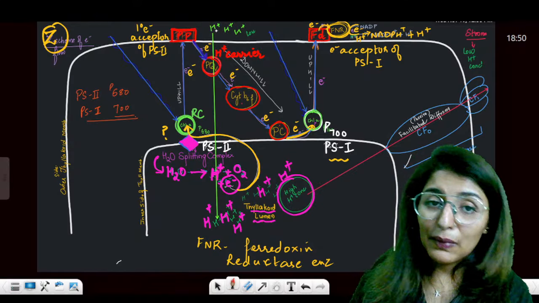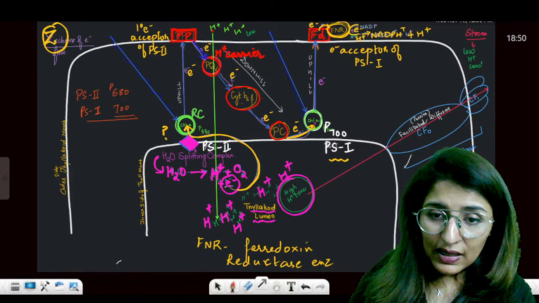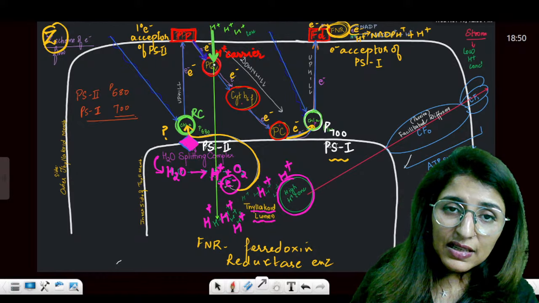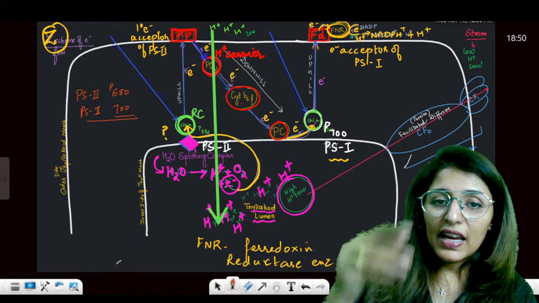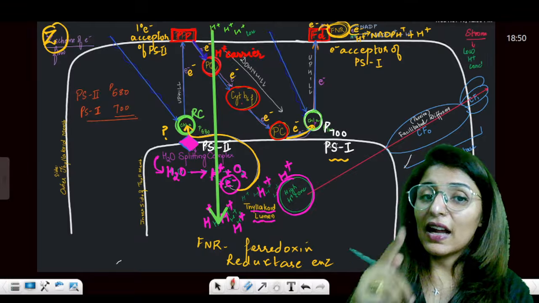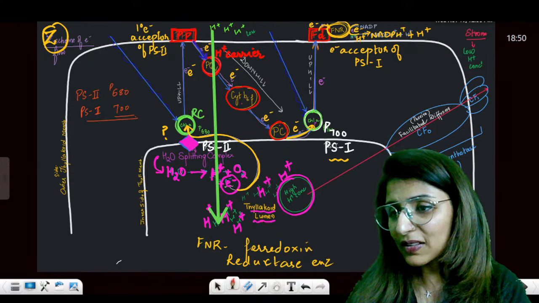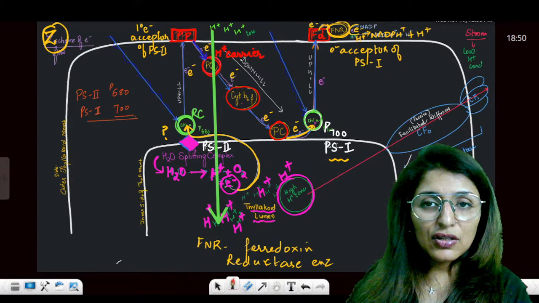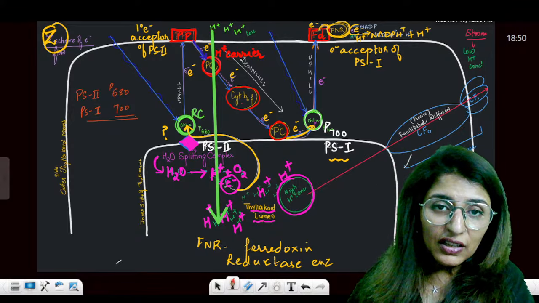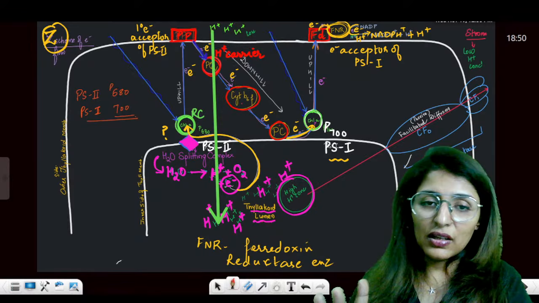You'll have to let me pass these H positive ions from the stroma into the lumen at the cost of transferring your electron to cytochrome C. Are you getting that? There are people who don't do anything for free. If you ask for a favor, they'll say, this is not my work. You let me do this, then I'll let you do your work.